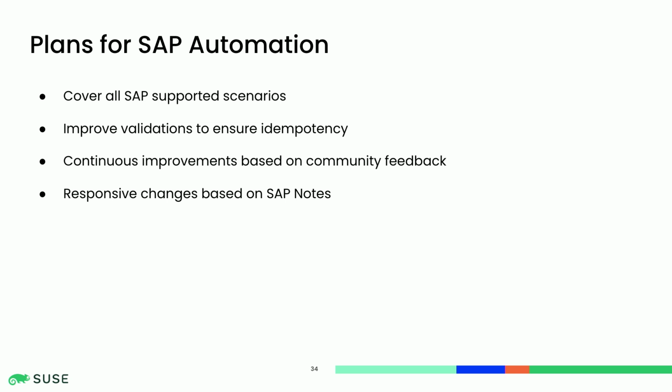So all of this stuff is being added. We have a lot of active development. Even now, we have a new release coming next week or the week after that contains a lot of extra stuff. We are improving validations, of course, because idempotency is important. So we are improving that, and we have planned to improve it even more.